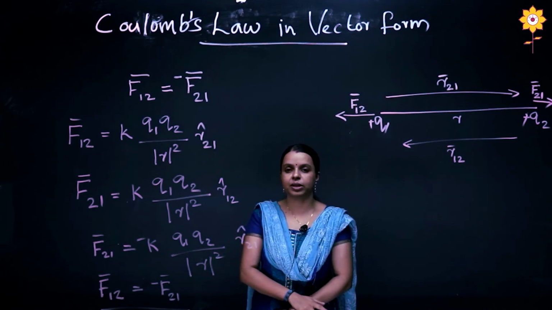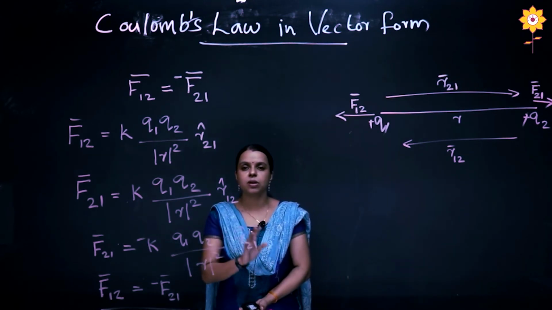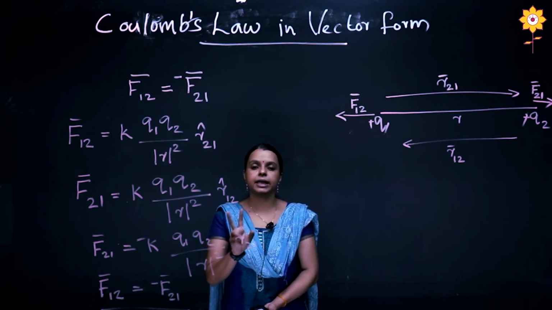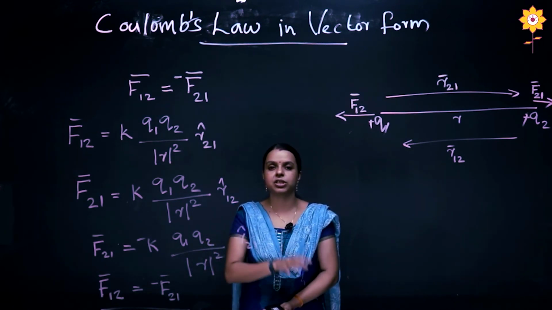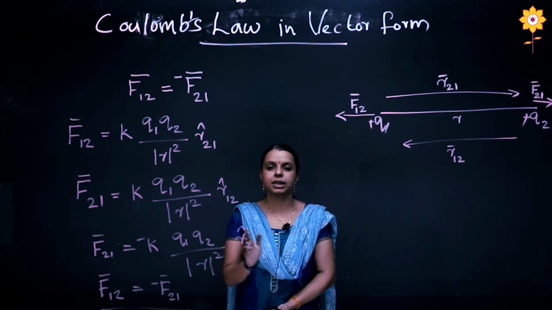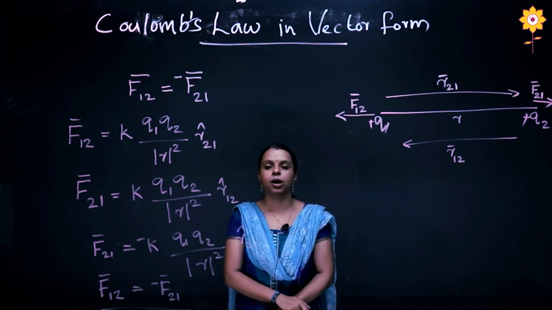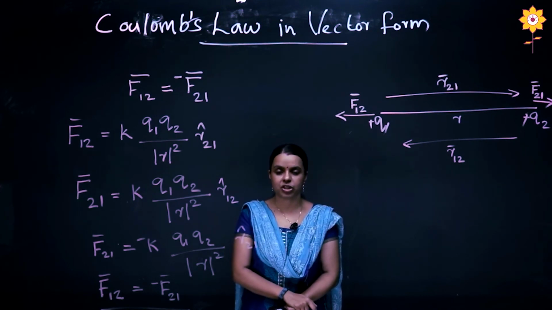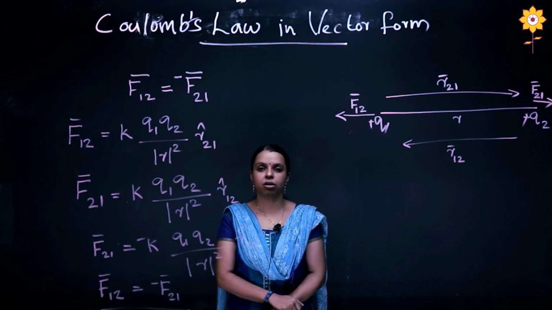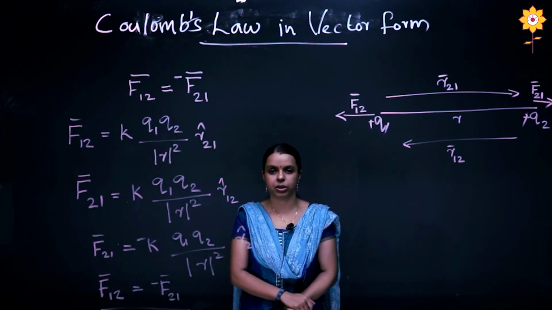I rewind once again: Coulomb's law mainly states the force between any two stationary point charges. According to the law, the force is directly proportional to the product of their charges, and inversely proportional to the square of the distance between them.